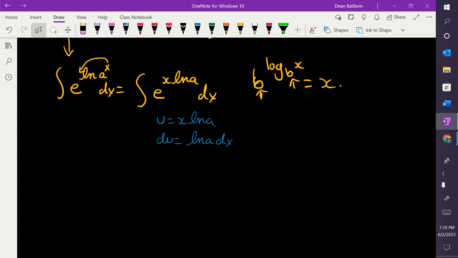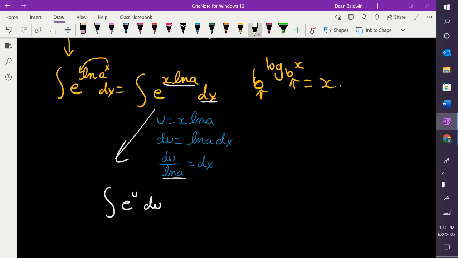I'm going to divide off the ln of a, and that gives me dx, which I can then sub back into this. So this is u, and dx we've said is du over ln of a. So we get the integral of e to the u du over natural log of a.